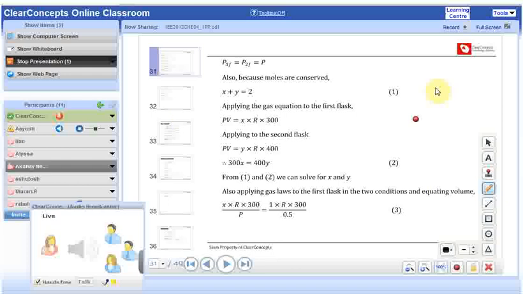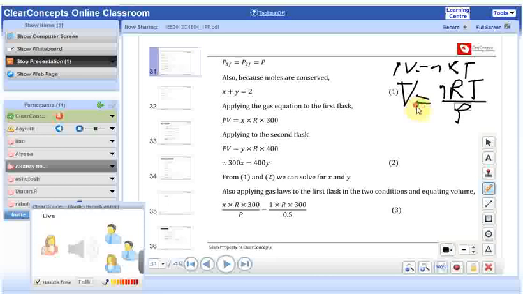In the initial conditions, I'm writing the equation PV equals nRT, or V equals nRT divided by P, correct? Now apply this equation twice.